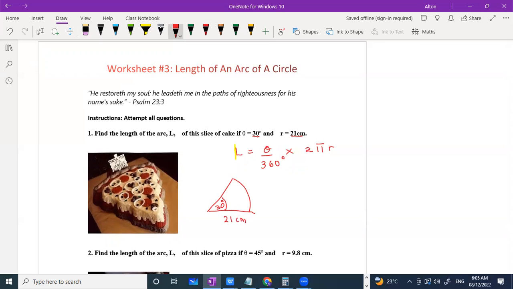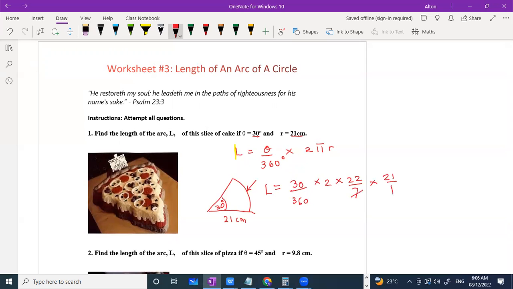And that's how we'll represent the diagram. So this arc length here is what we are finding, and that will be 30 over 360 multiplied by 2 multiplied by 22 over 7 multiplied by the radius, which is 21.